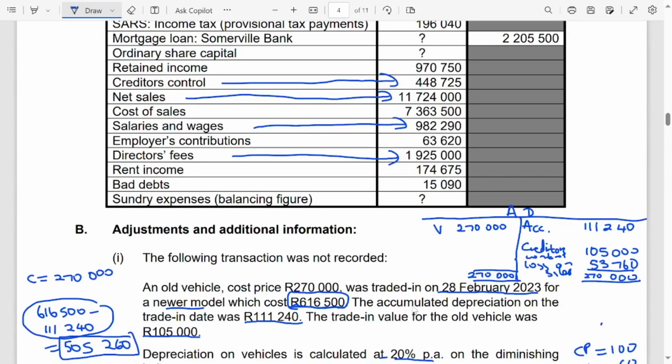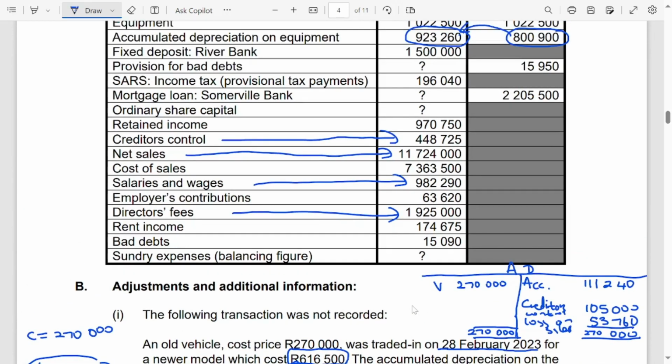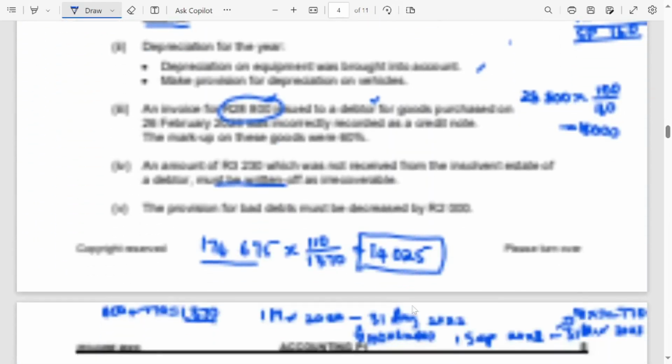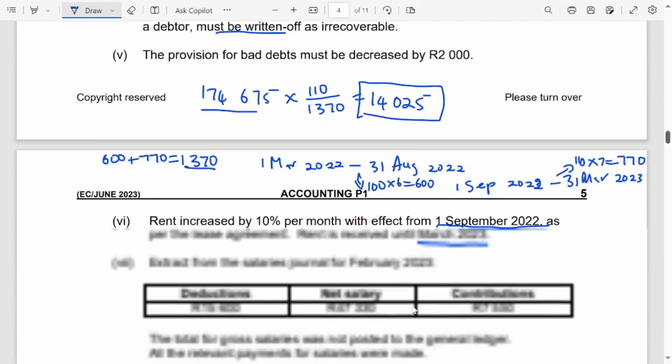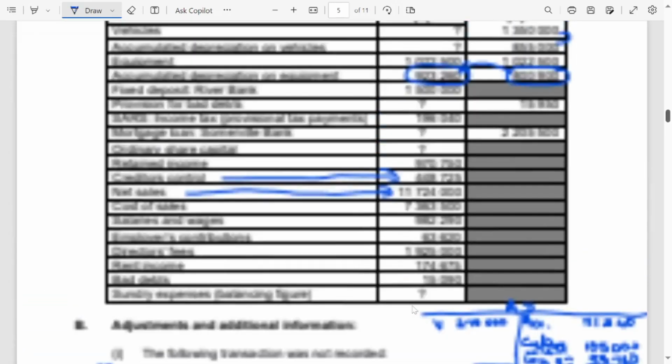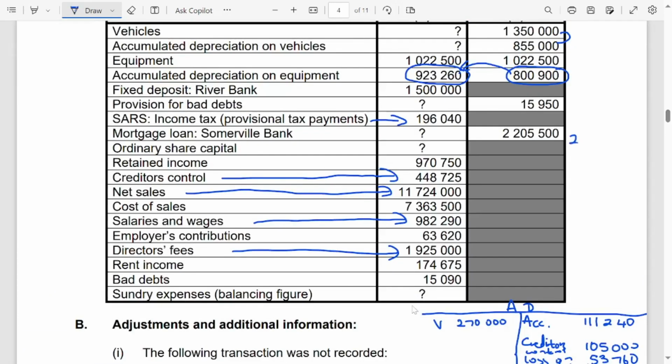SARS provisional payments, we paid 196,040. So it means that we paid SARS a small amount. So if we paid SARS a small amount, it means that we are still owing SARS. Now we need to see how much we are owing SARS. We were supposed to pay SARS 242,040.